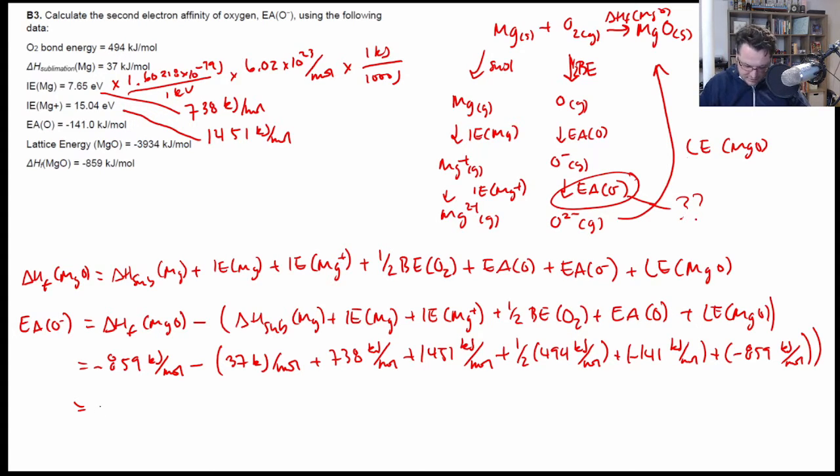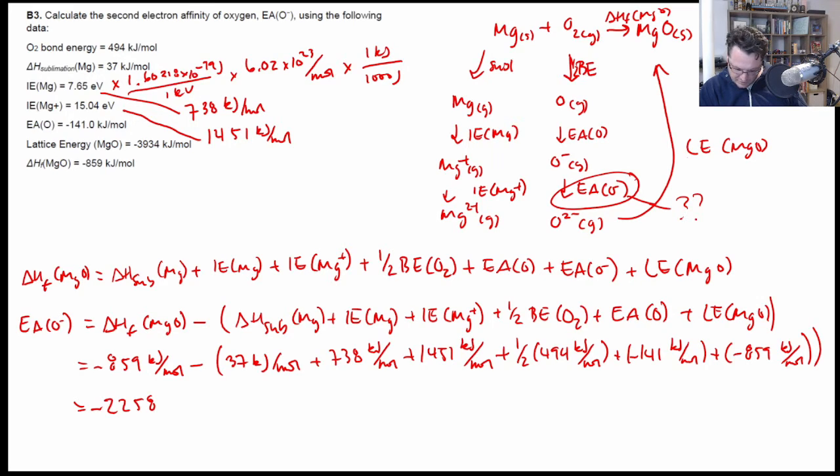Something is off, because I got negative 2,258, and I know that's not correct. It's supposed to be positive 743. Wait a second. Okay, that's positive; I don't know why I put a negative there.